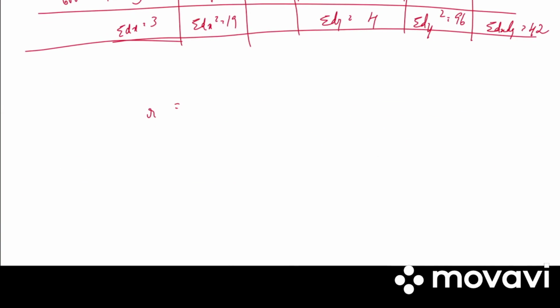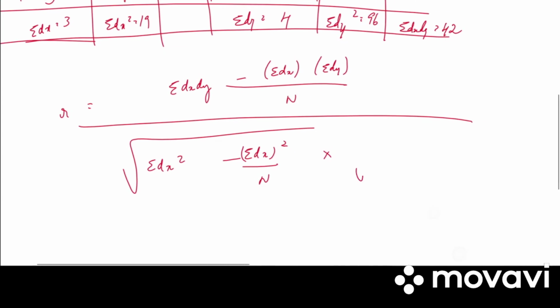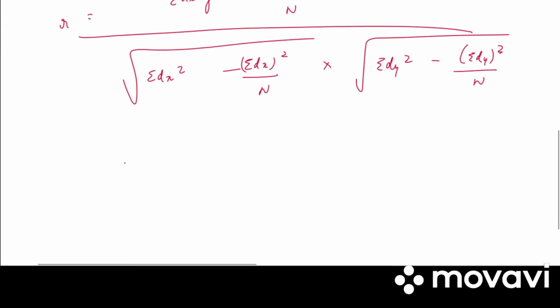So what is the formula? r is equal to summation dx dy minus summation dx into summation dy divided by n, divided by square root of summation dx square minus summation dx whole square divided by n, into square root of summation dy square minus summation dy whole square by n.